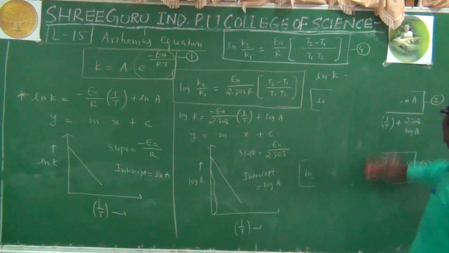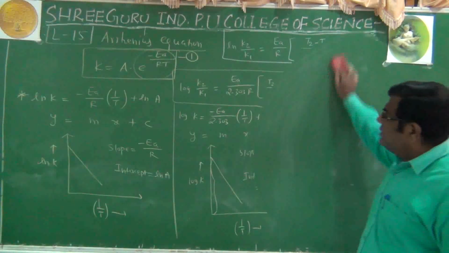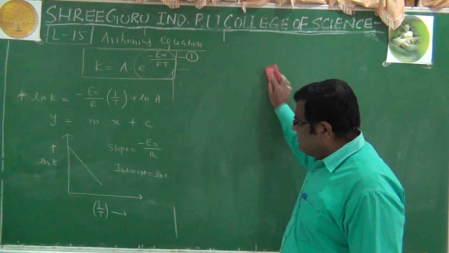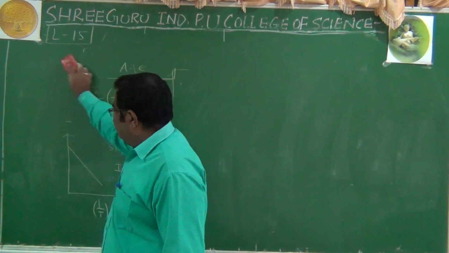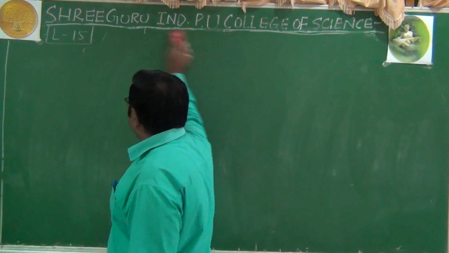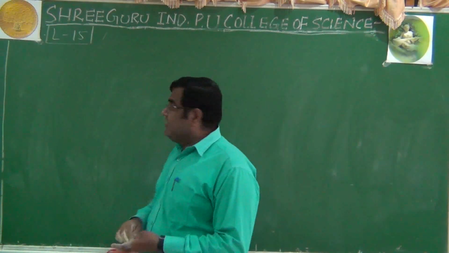Now after this Arrhenius equation, we have to look into one mathematical equation which is the result of collision theory. Not difficult to understand, but again an equally important equation.